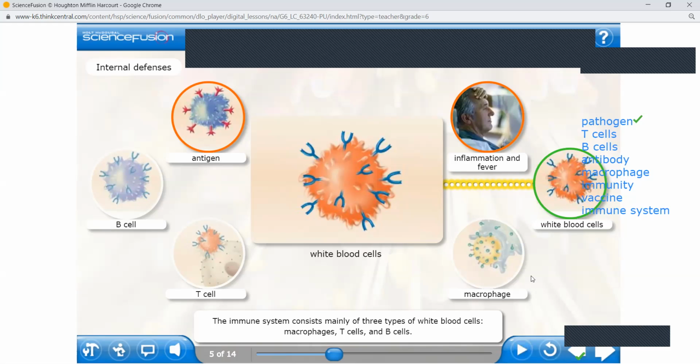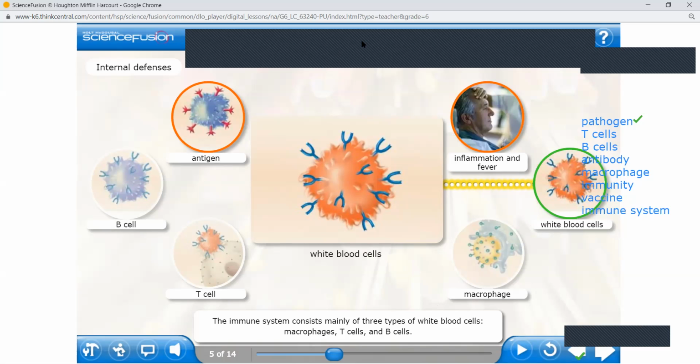Now, they say there are 3 types of white blood cells. One is the macrophage, one is the T cell, and one is the B cell. That's what we are learning now.